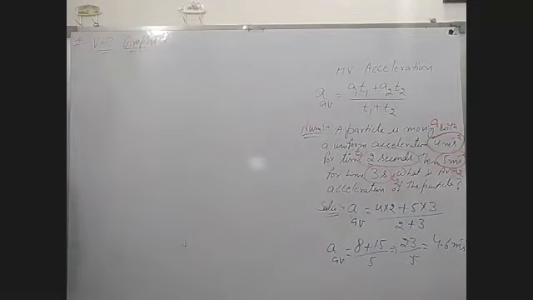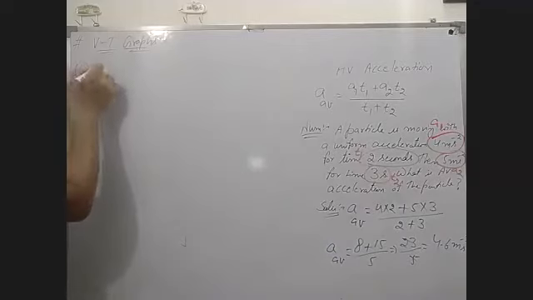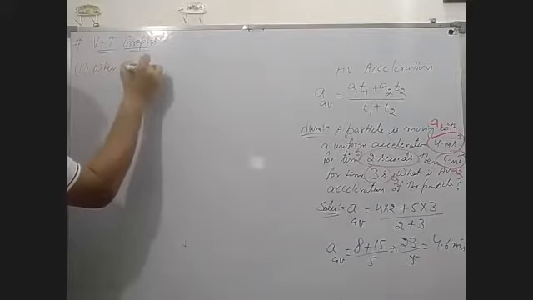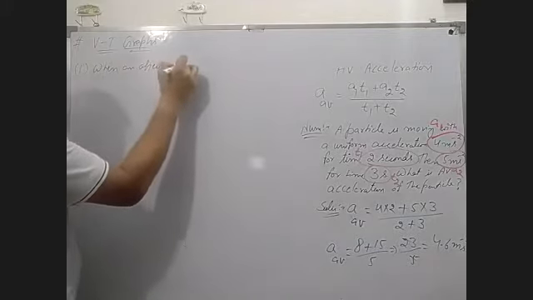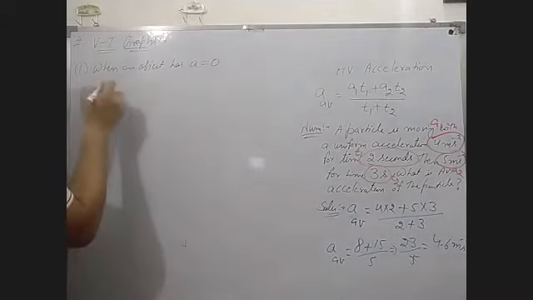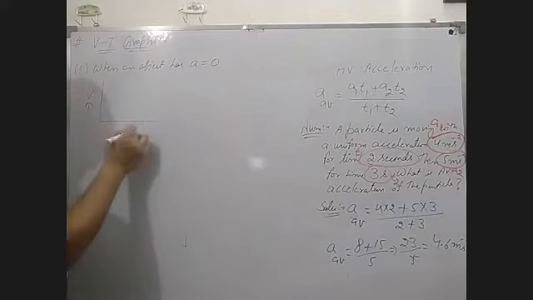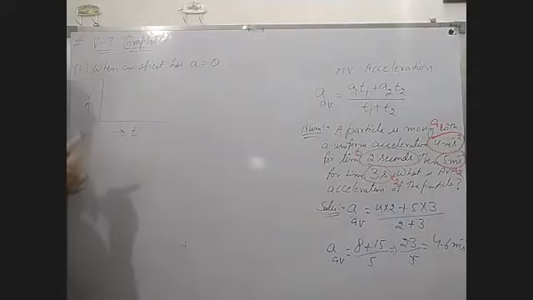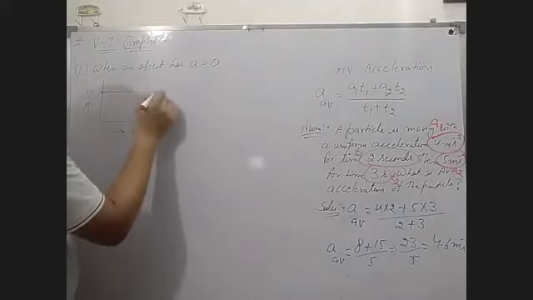Okay. First, when the object is moving with zero acceleration. First graph is when an object has zero acceleration. Then, what is the nature of the VT graph in this condition? In this condition, the velocity time graph will be a straight line parallel to the time axis.